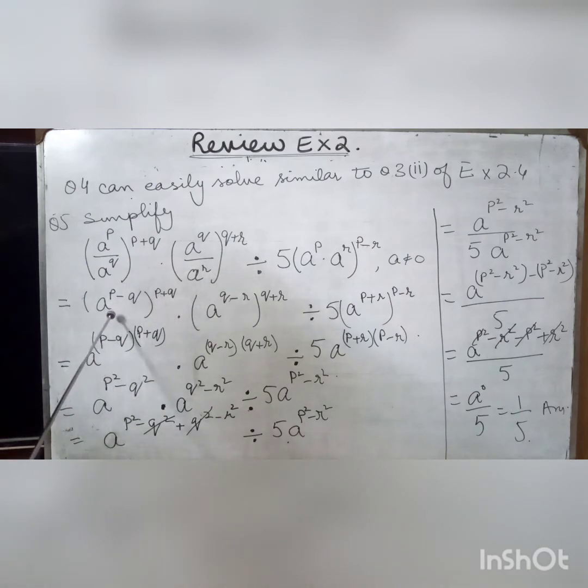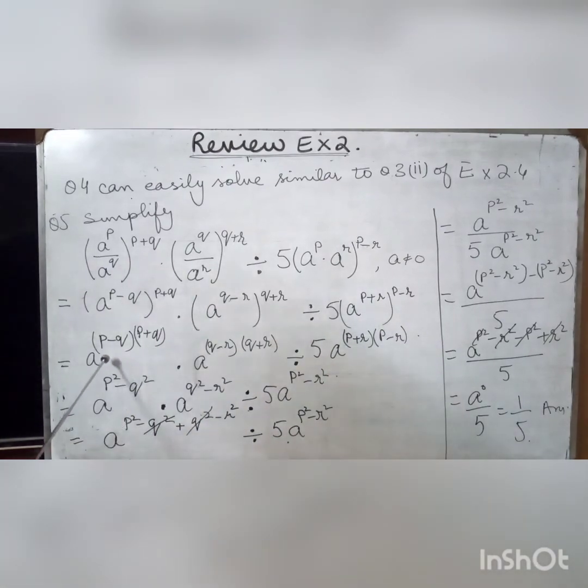According to the law of exponent, we have a raised to power p minus q with exponent p plus q, multiplied by a raised to power q minus r with exponent q plus r, divided by 5 into a raised to power p plus r with exponent p minus r.